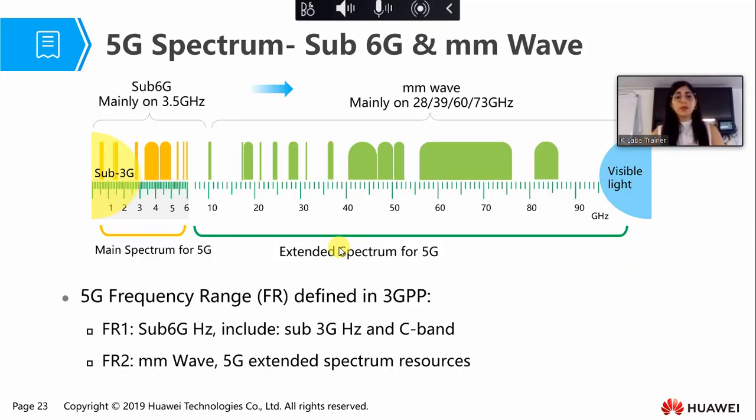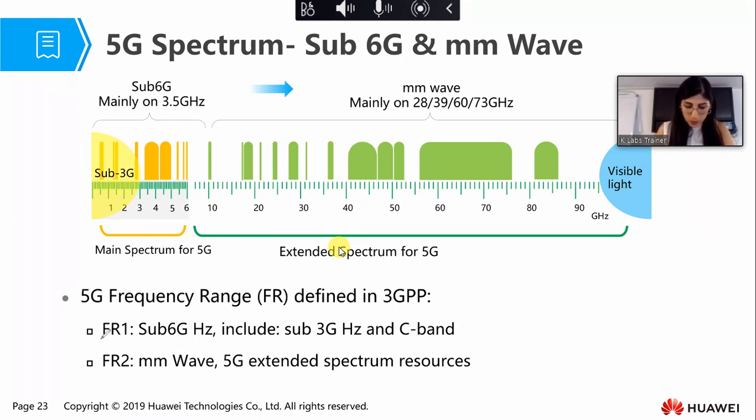But before we start with this technology, we are going to describe the 5G spectrum, which are the frequencies that are used for our 5G communication. So actually, we use two frequency ranges for 5G, frequency range 1 and frequency range 2.